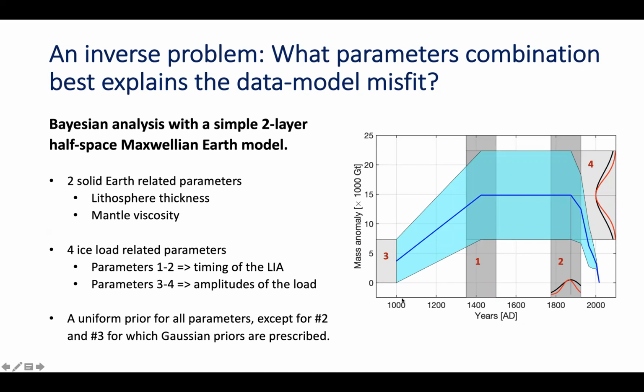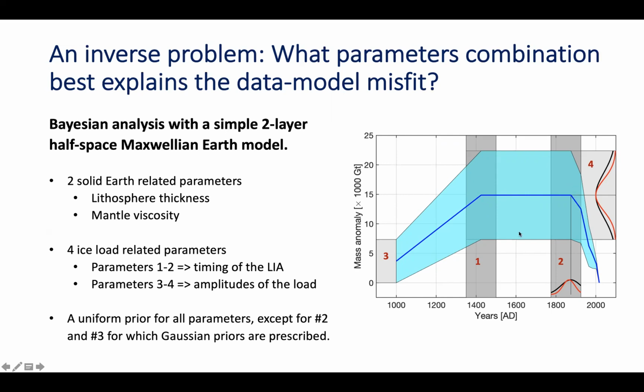We assume this to be the median year for representing the medieval warm period. So you could see the mass anomaly, again relative to present-day mass. And this is pretty much the Little Ice Age. After the Little Ice Age, we have much better constraint on the load history, of course.